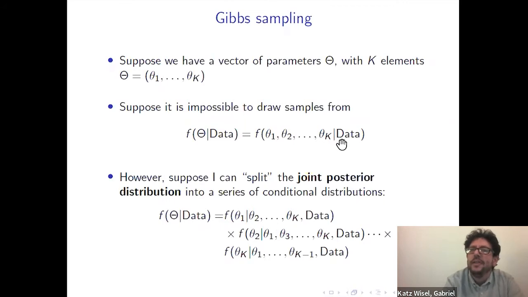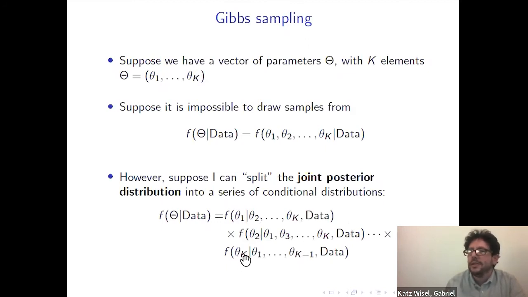However, I can break down the problem or split the joint posterior distribution into a series of conditionals. So suppose the conditional distribution of theta1 given the rest of the parameters is something I can recognize. The same for the conditional distribution of the second parameter given all the other parameters and the data, of course.